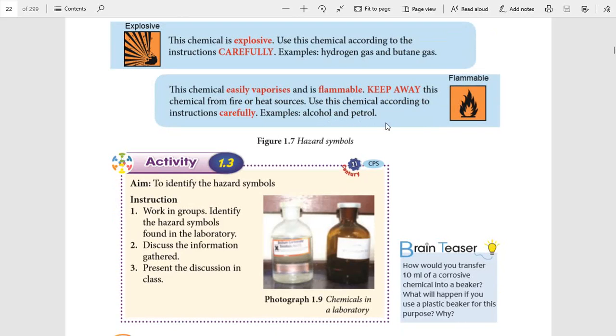That's why when your parents fill the car with petrol, the precaution in the petrol station is that we should not smoke and should not use a handphone. Why? Because it can give heat and make the petrol burn.